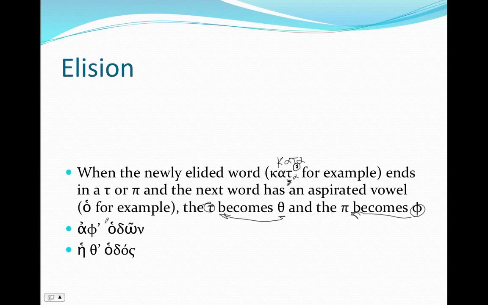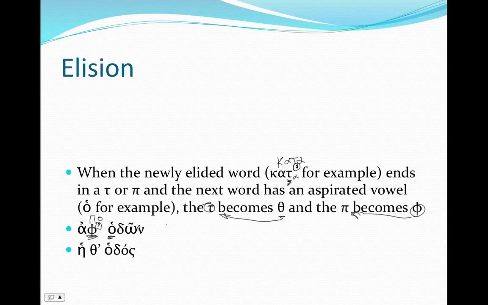So it's again pronunciation. So aph' hodon, okay, we've got an apostrophe, so a letter's missing. What could it possibly be? Another thing: the next word begins with a rough breathing, an aspiration. See the phi there? So we say, well, that must have originally been pi. And now we have apo, so from the roads.